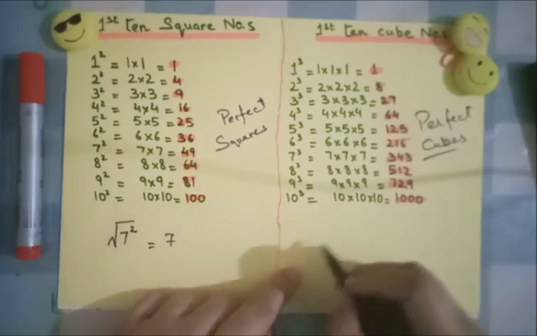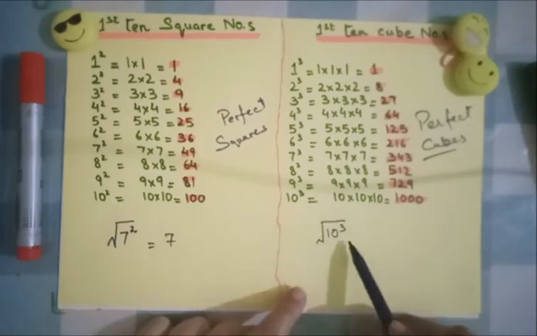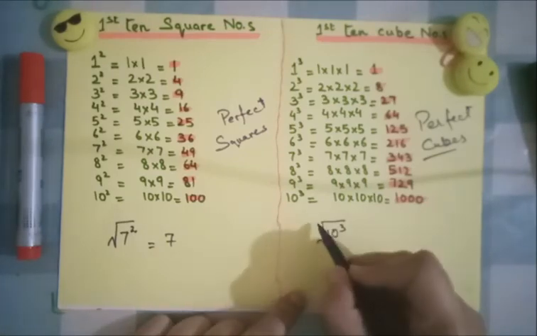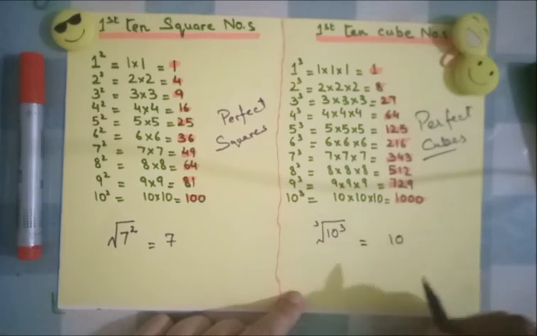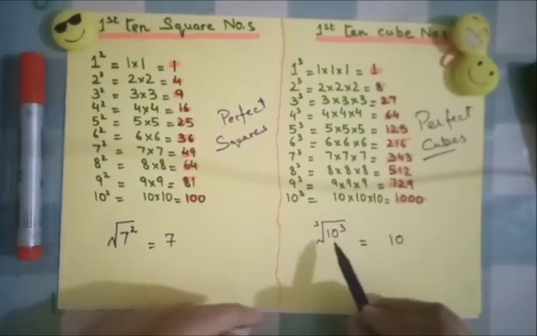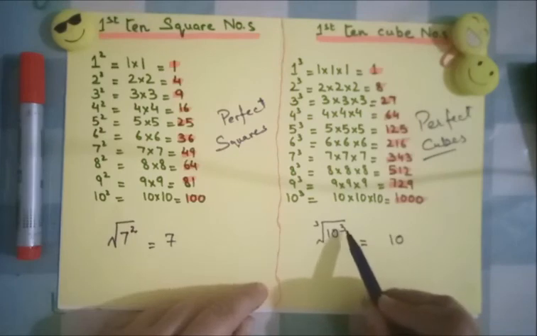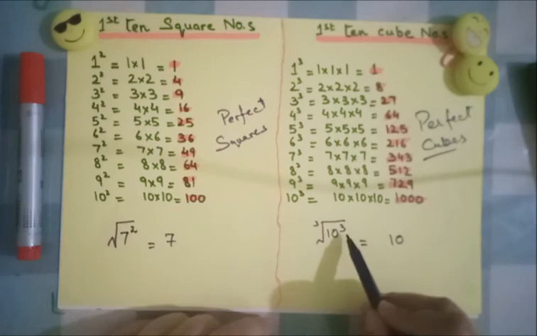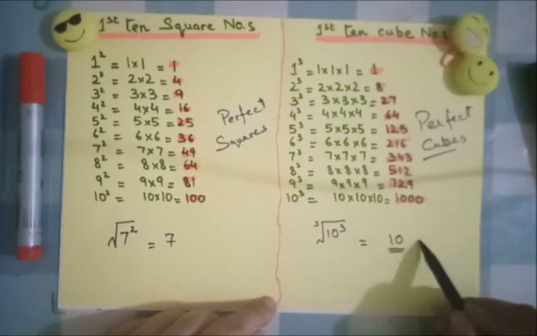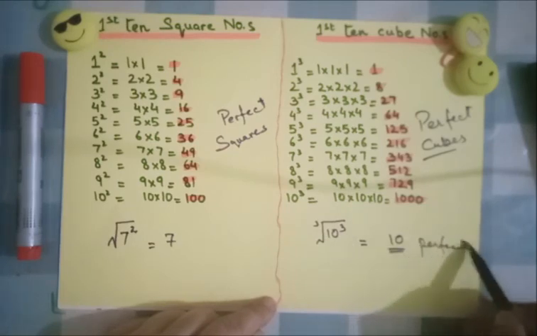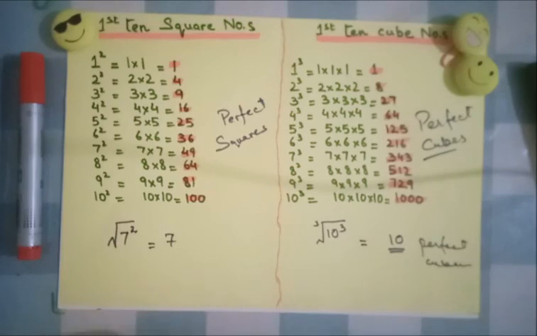In the same way, if I find the cube root of 10 cubed, it will give you 10. At the back it's the same procedure: it has the power 1 by 3 and 1 by 3 is the inverse of this 3, so they will cancel each other and 10 raised to the power 1 is the answer. So this is why it is called a perfect cube.